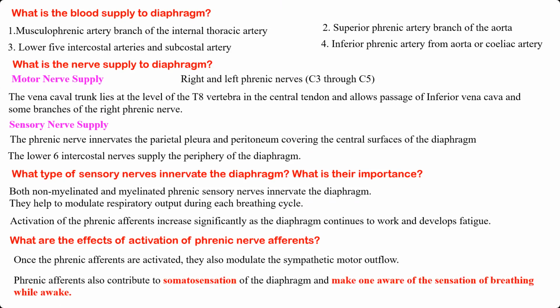So the definition of dyspnea is being aware of one's own respiration. That can happen during exercise or in some conditions where there is some obstruction to the airflow. In that situation, it is the phrenic nerve somatosensory fibers. These sensory nerves tell you that you are breathing very hard with difficulty. Okay? That is the reason for having a sensory supply also for the diaphragm.